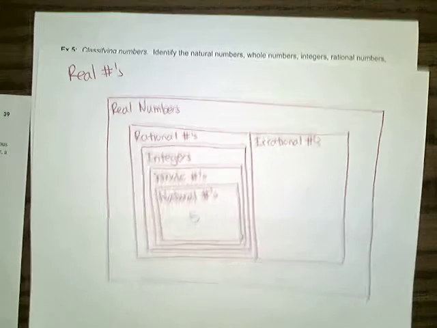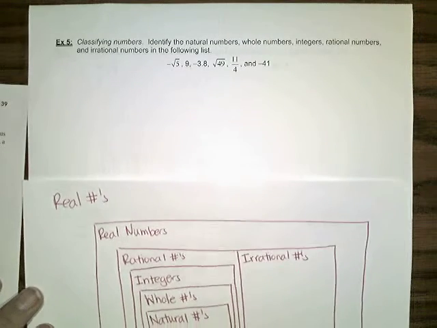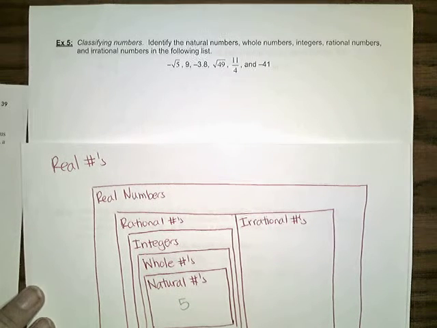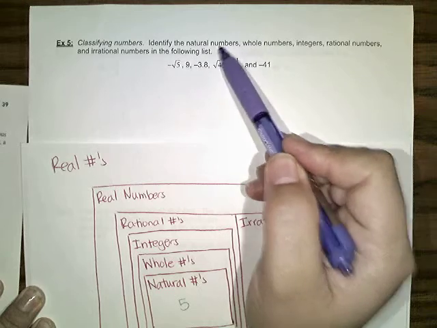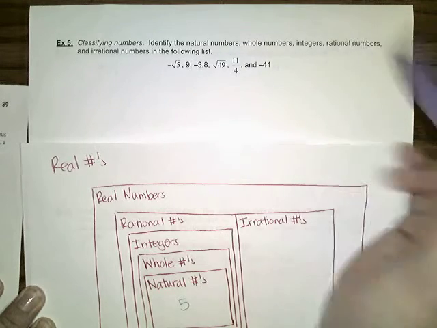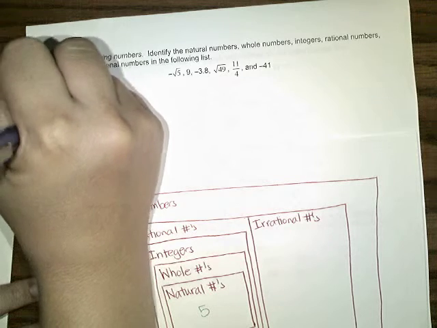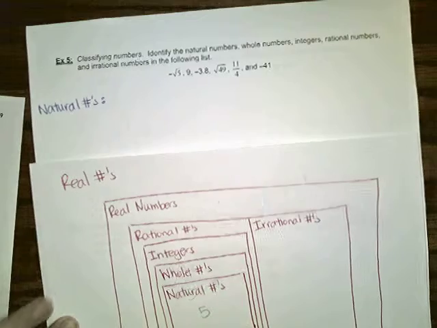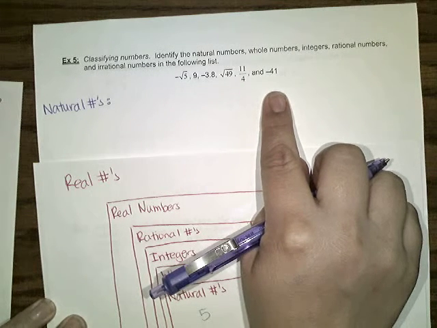Okay, so let's use this diagram to help us do example 5. Oh, let's move this up just there so we can see that. Okay, so natural numbers, whole numbers, integers, rational numbers, and irrational numbers. I'm just going to write this out. First, I want to identify all of my natural numbers. So if we look in this list, which numbers are natural numbers or counting numbers?